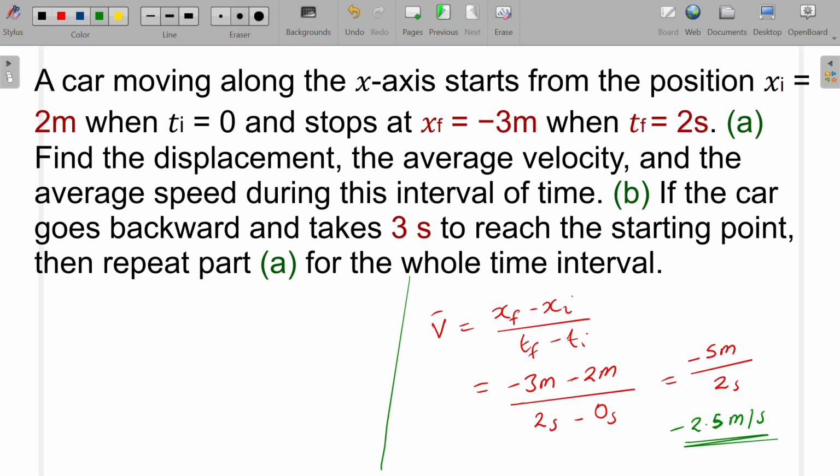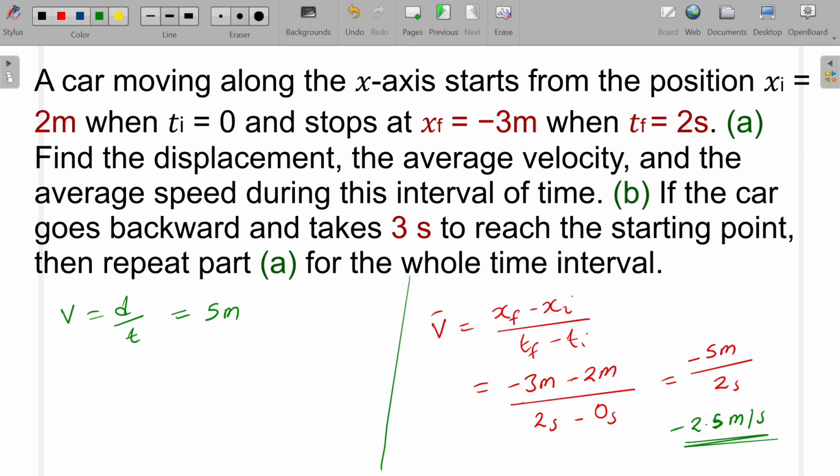After finding that, the third part is saying average speed during this interval of time. So we need to find our average speed, V, which is equal to distance over time. Now speed is a scalar quantity, so we are talking about just distance over time. The distance covered from the initial point to the final point is 5 meters, because we have a movement from 2 to minus 3.